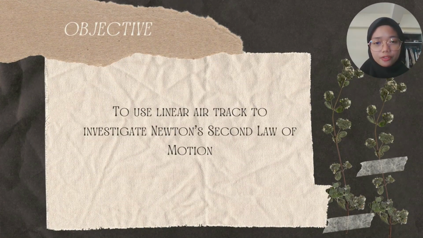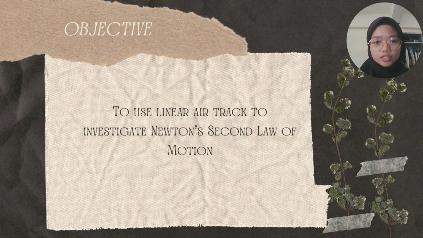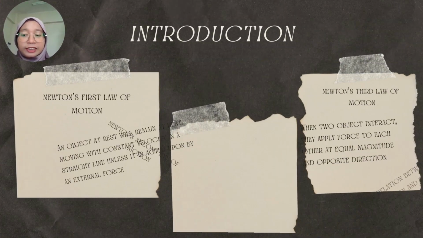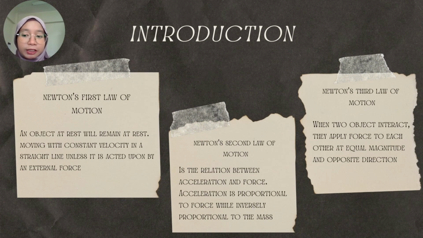The objective of this experiment is to use a linear air track to investigate Newton's second law of motion. This experiment refers to Newton's second law of motion, but I will tell you about the types of Newton's laws of motion. The first is Newton's first law of motion: an object at rest will remain at rest, or moving with constant velocity in a straight line, unless it is driven by an external force.